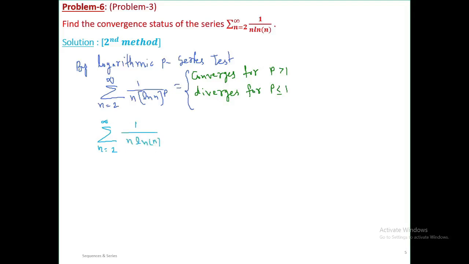So here we have to look at the ln n power. The ln n power is p, so ln n power is 1. Instead of p we have 1, so that implies p is equal to 1.